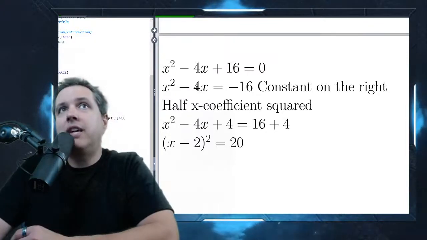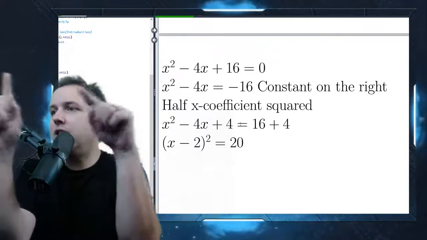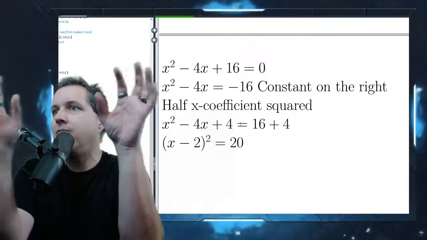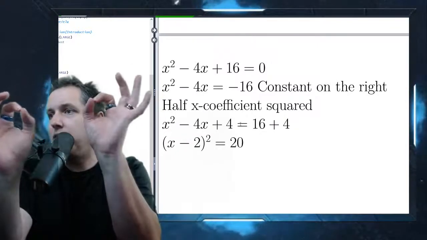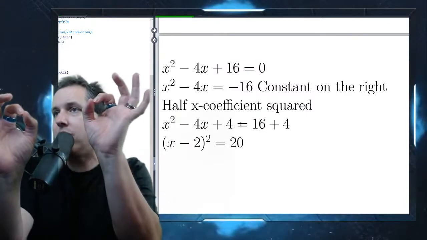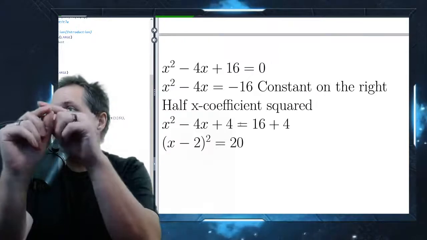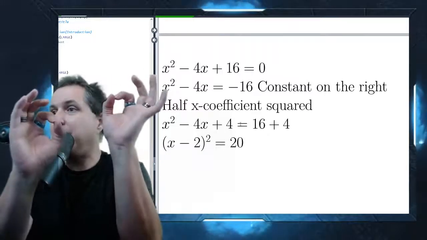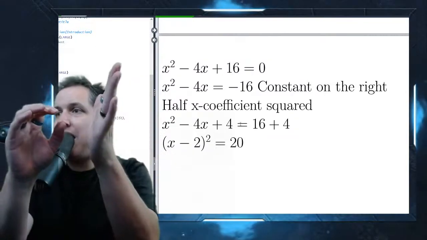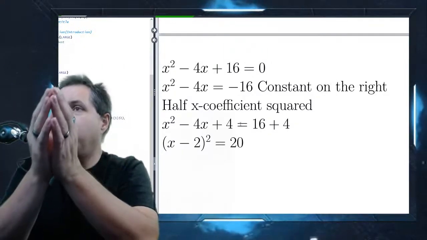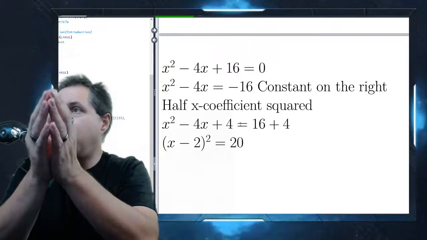When we took half this x coefficient and squared it, if you think about the way you do your FOIL, your first, outer, inner, last, the last is the product of the two constants in your factors. If they're the same thing, then it's the same as that number squared. And the middle is the sum. So if we cut the middle term in half and square it, we are creating a perfect square trinomial.